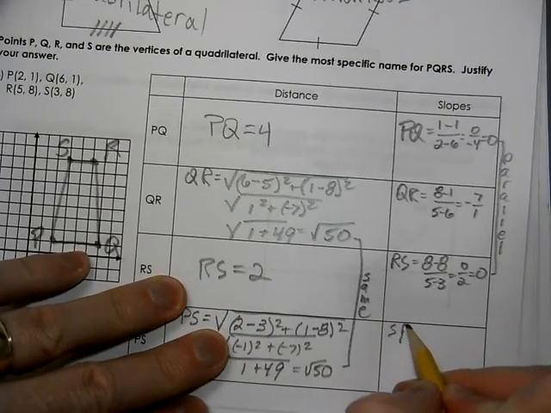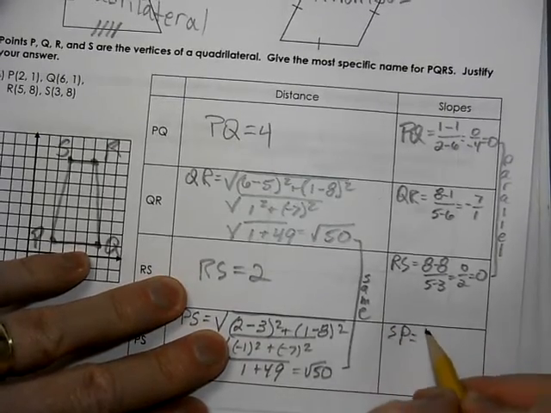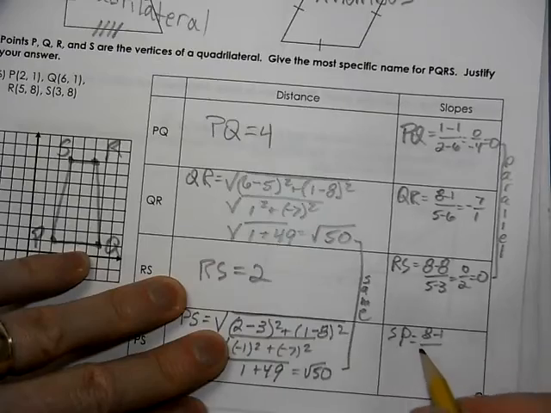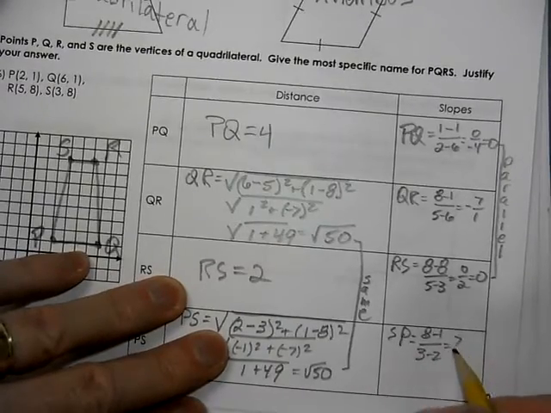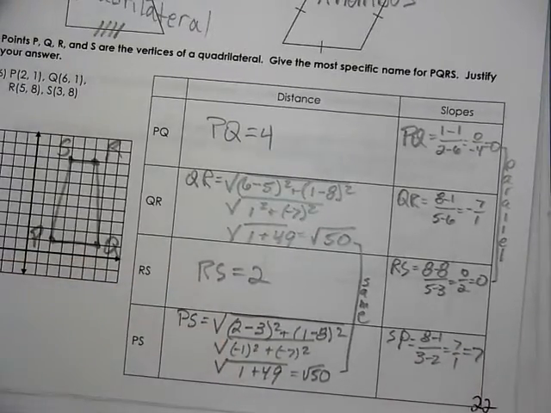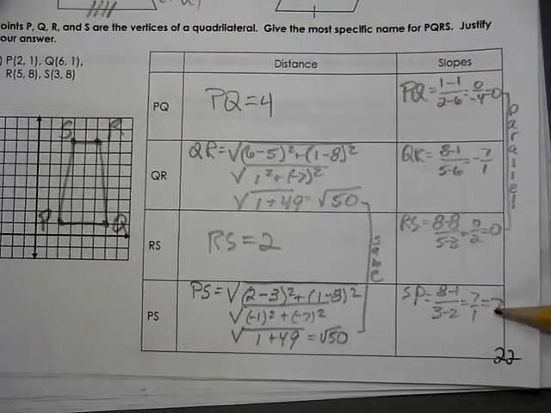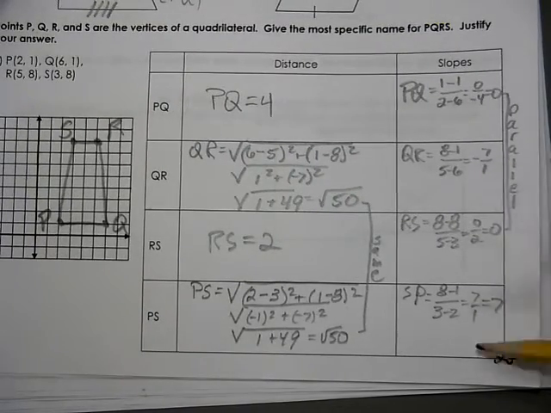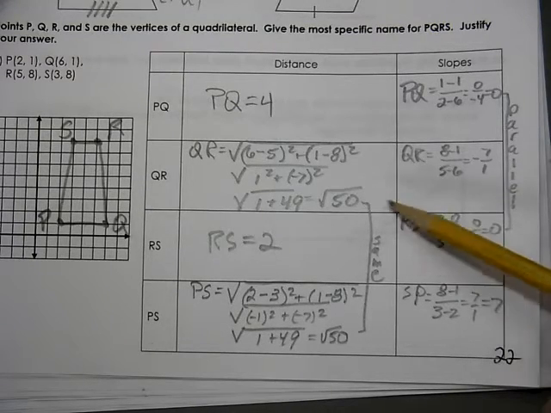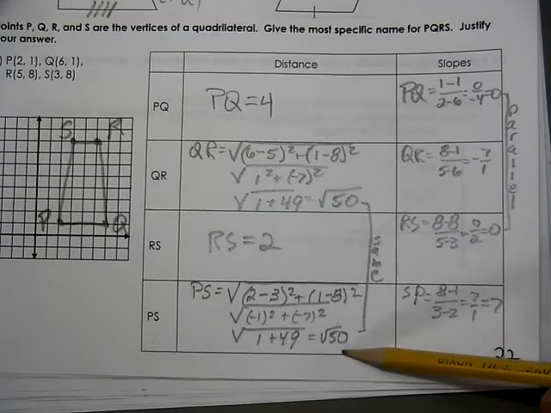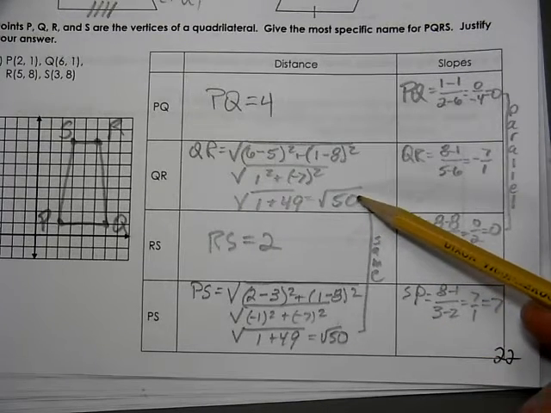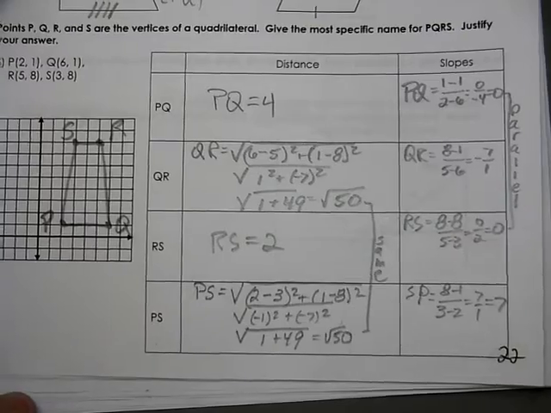Then SP, 8 minus 1, 3 minus 2, 7 over 1, that's 7. Notice that 7 and negative 7 are clearly opposites, but they're not reciprocals. So those two slopes are not the same. So we have one set of parallel sides with the different set that are congruent to each other.